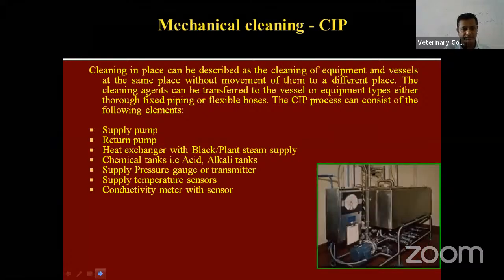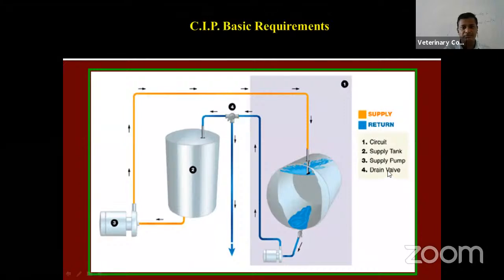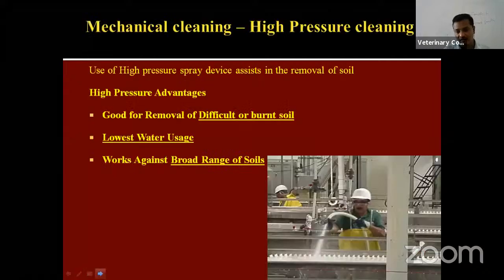Regarding cleaning in place, we discussed this in detail. Using a suitable circuit, there is recirculation of the acid, alkali, detergent, and water at a particular time-temperature combination. Finally, all that waste goes to a drain. This recirculation time of 15 to 20 minutes is kept until the desired result comes with respect to the surface.